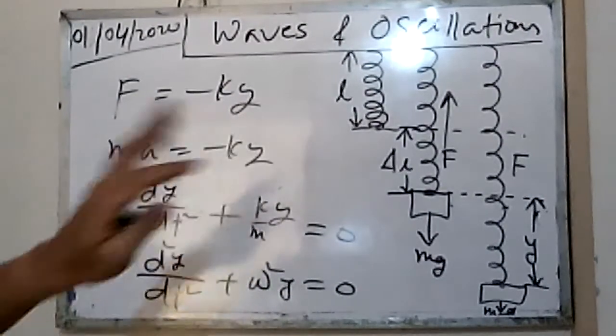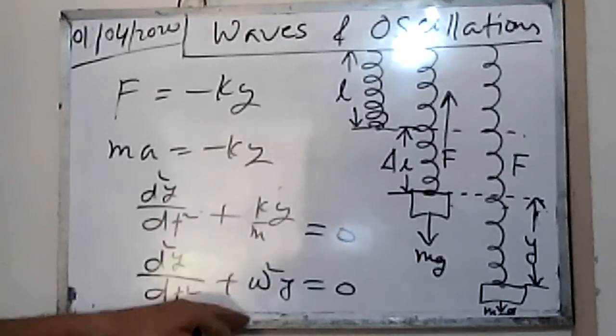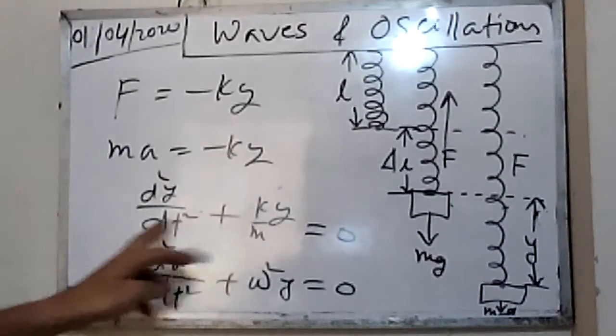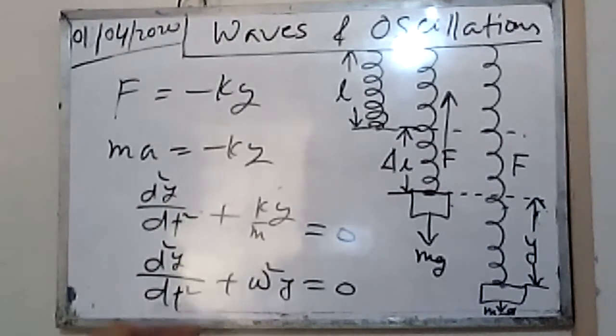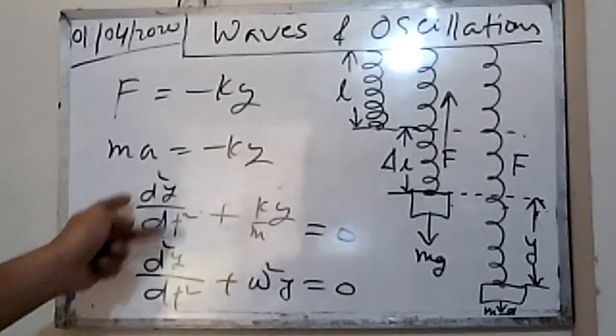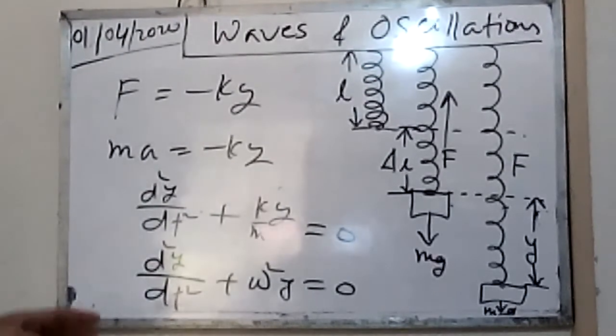Omega square equals k by m. So this is the same equation in different forms, but both are the differential equation of simple harmonic motion.